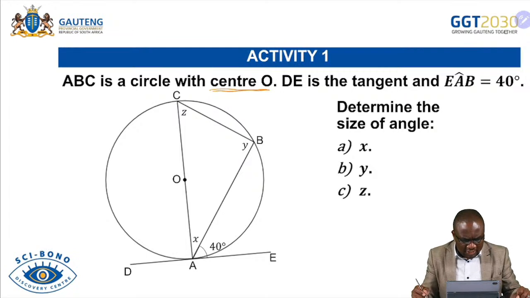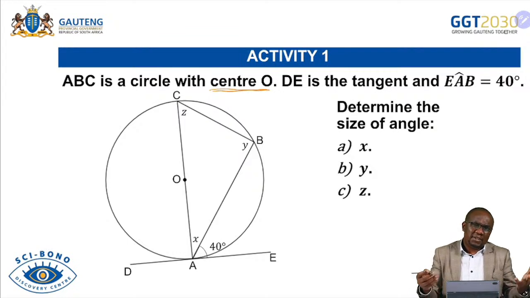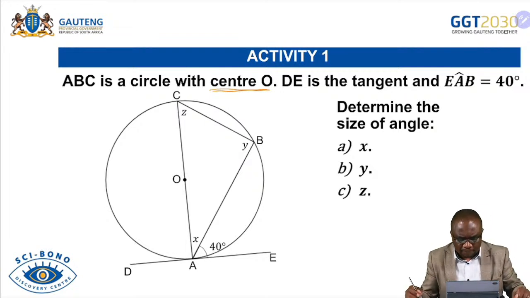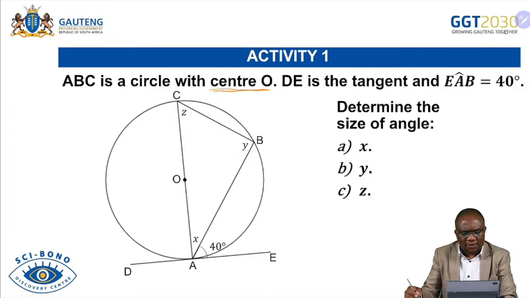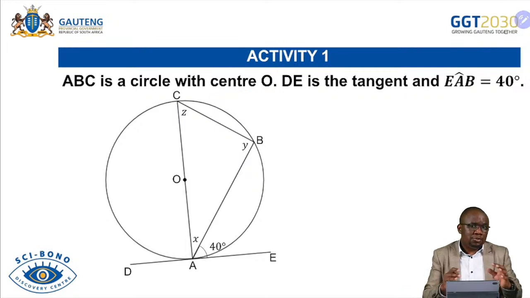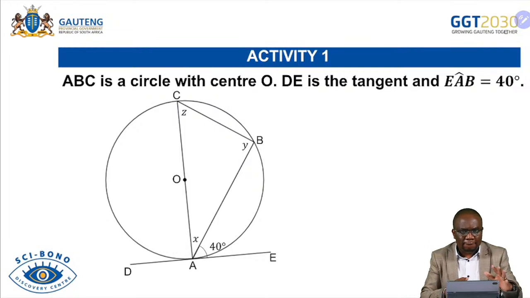DE is the tangent and angle EAB is 40 degrees. Some people can even recognize those using the tan chord theorem, which is still fine, but I want you to observe something. We are revising. Determine the size of angles X, Y, and Z. I'm going to give you 2 minutes to fill in the information on this diagram.